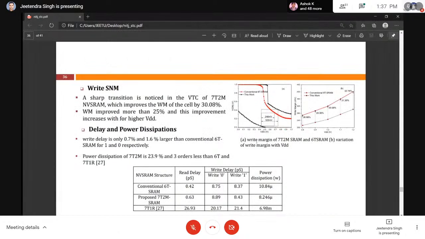Also, the write margin shows a 30% improvement, but there is a small power delay. The power delay is more in this SRAM as compared to the conventional one, but it's not much of a difference. The write delay is also higher, but not by much. But we can see that the power dissipation is low as compared to the conventional SRAM.